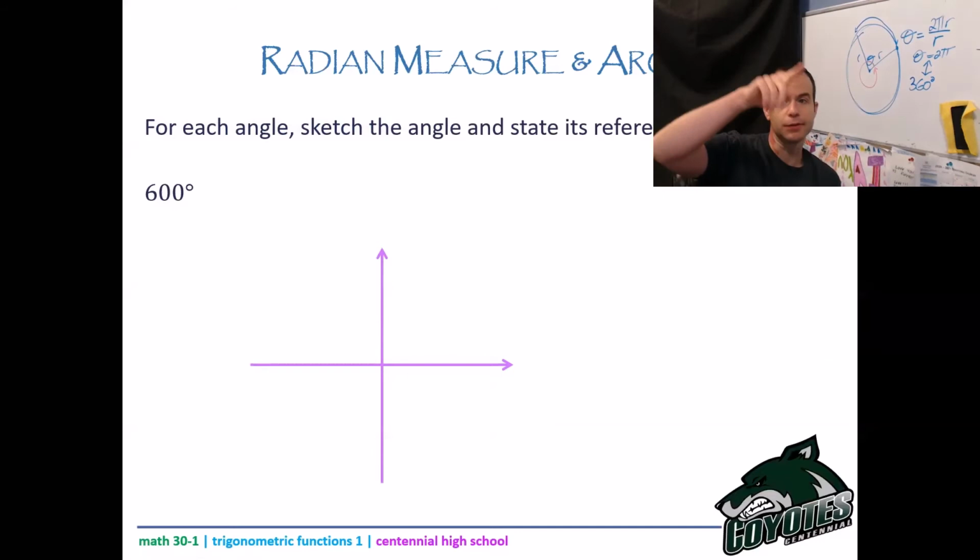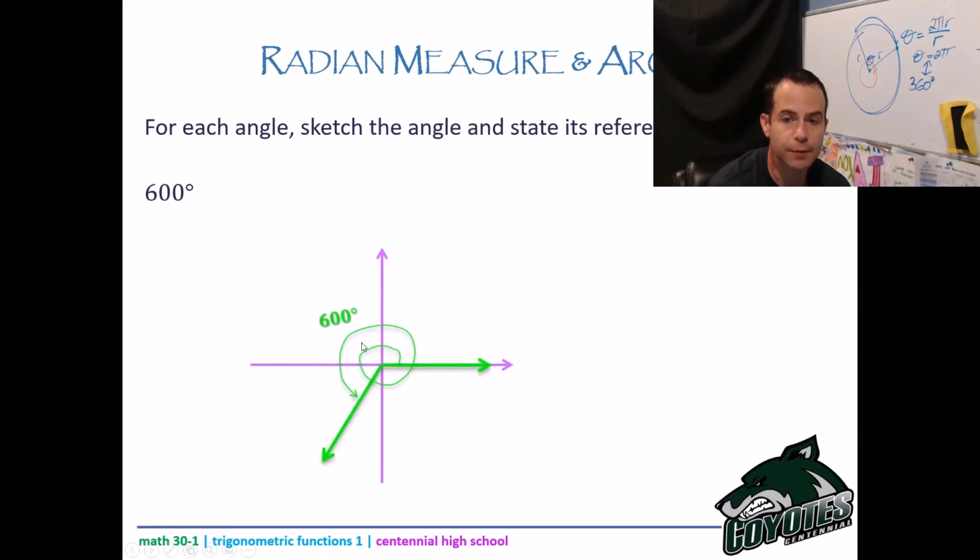It has to go around the circle all the way and then around again to the terminal arm. If you just had an arrow that went from there to there, then you're not showing me 600, you're showing me 240, okay?